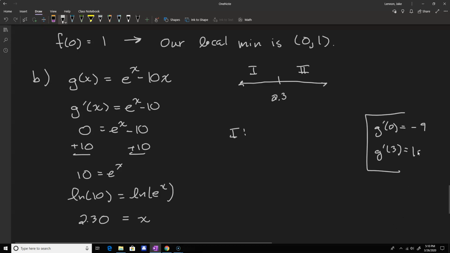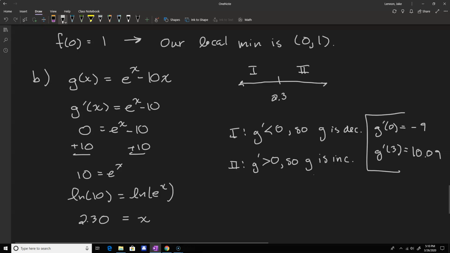So basically, region 1 is negative, so g prime is less than 0. So g is decreasing. And in region 2, g prime is greater than 0, so g is increasing.